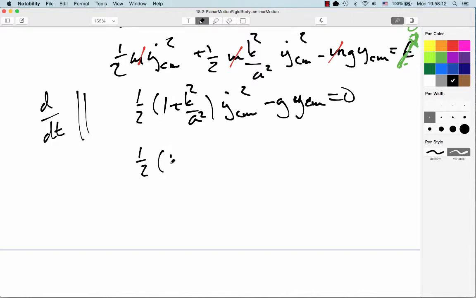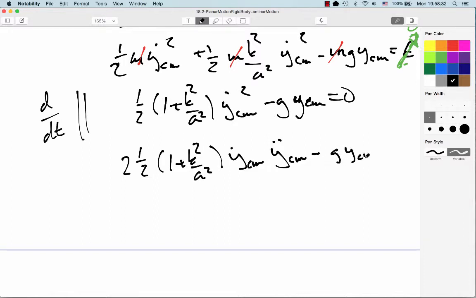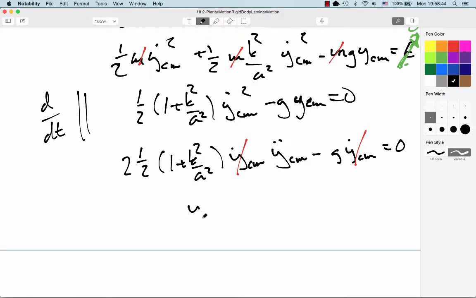I'll have a 1/2 (1 plus k squared over a squared). Differentiating this is going to bring a 2 out in front, so I'll have y_cm dot, and I have to differentiate what's inside, y_cm double dot, minus g y_cm dot equals 0. Okay, I can divide both sides through by y_cm dot.